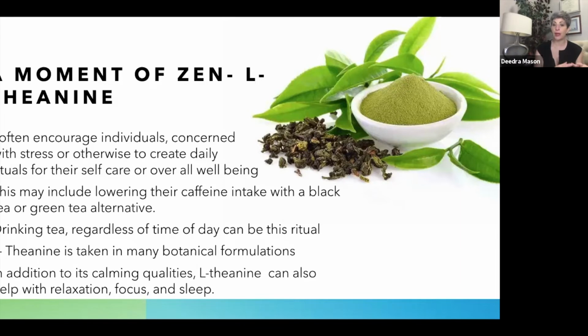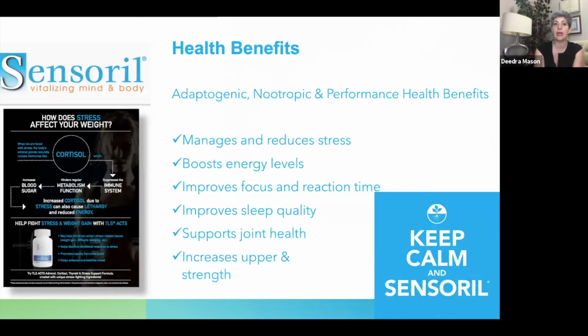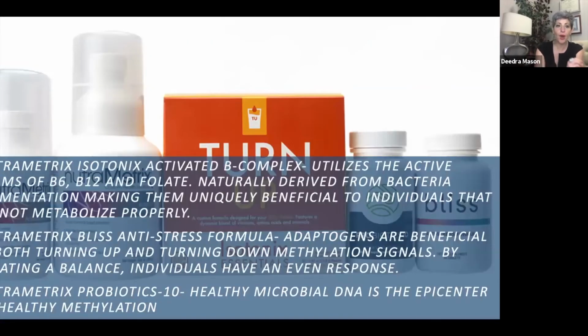So I want us to think of Bliss, the Axe product, or green tea as our solution for calming the nerves, for relaxation of the very anxious or overwhelmed mind. As I had mentioned, the Axe product uses the clinically evidenced Sensoril ashwagandha, right? And those are some of the reasons why we recommend the methylator bundle the way that we do.